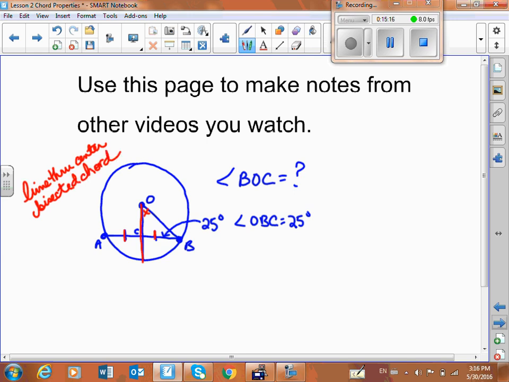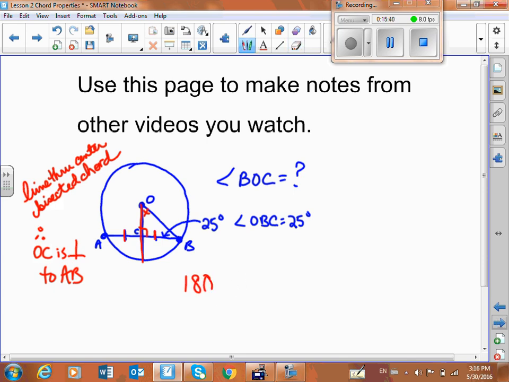Okay, so line through center with a bisected chord, that means that OC is perpendicular to AB. That's that third part of the rule. So if it's perpendicular, we know then it's 90 degrees. We add our 90-degree symbol in. Now I have a triangle that I know the sum of the interior angles is 180.